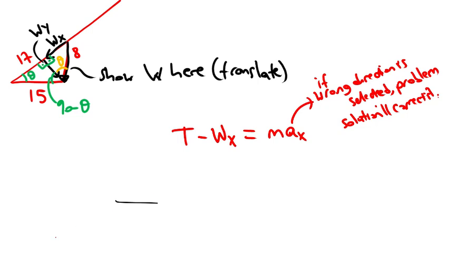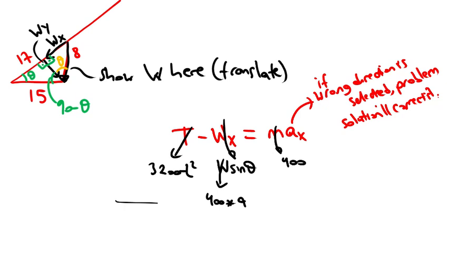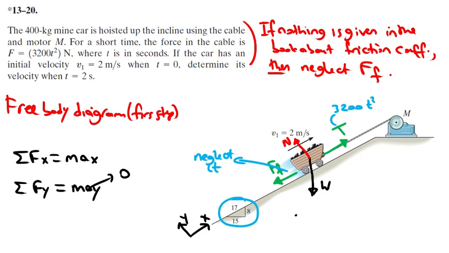So we have the t and then we have the wx, and the t value is 3200 t squared, and then wx is w sine theta, and the m is 400, and the w value is 400 times 9.81, and then sine theta is, if you look at here, this is theta, 8 by 17, and then cosine theta is 15 by 17.